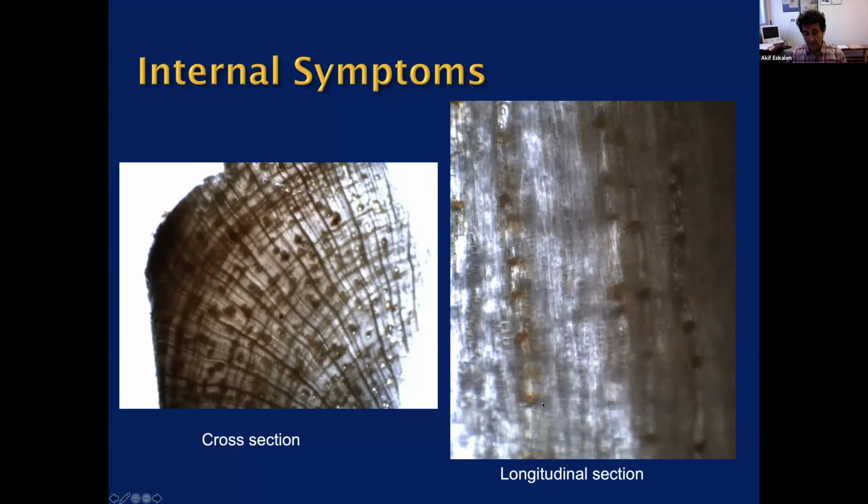Pit membranes are the membranes that the plant produces to prevent the movement of the pathogen, actually. So it's not a continuous endless hose, as you can see here. In that area, the plant could also produce some gumming and tylosis to prevent it. These brownish colors are showing the response from the plant.